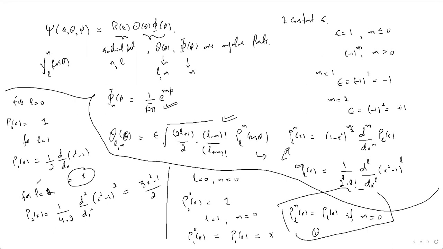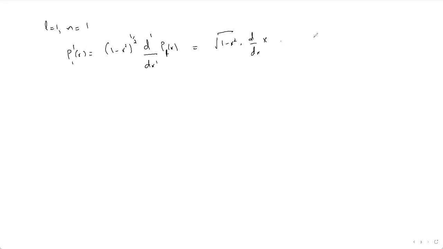What is P1 of x? P1 of x is x. So you can write this as d by dx of x, so that will be equal to under root of 1 minus x square.